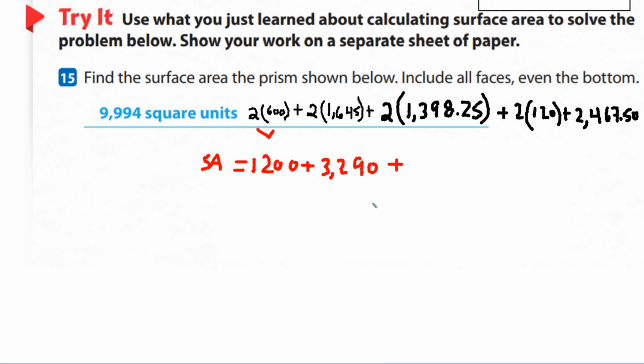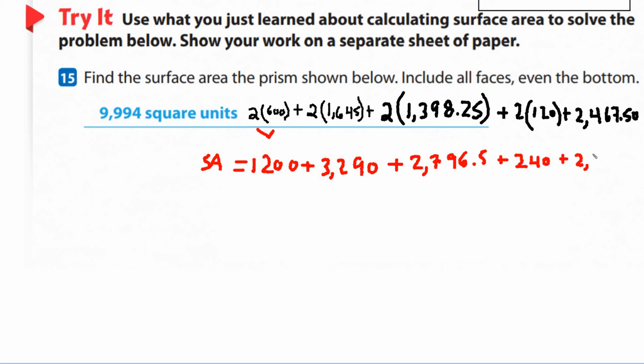Plus 2 times 1,398.25 will give us 2,796.50. Plus 2 times 120 is 240.